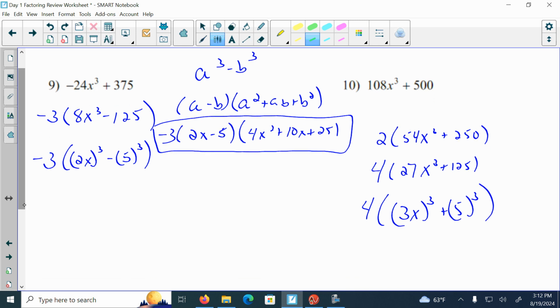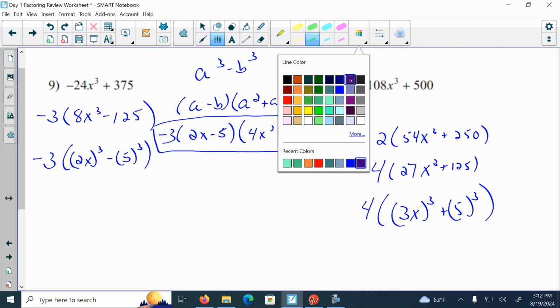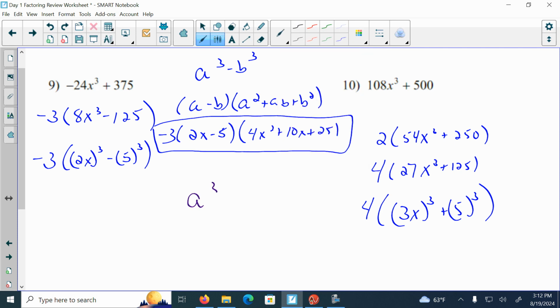So it's the same formula as this guy, except the signs change. If I have the cube plus the cube, it's going to be a plus b, a squared minus ab plus b squared. So this is my a, this is my b. Here's that 4 hanging out in front.